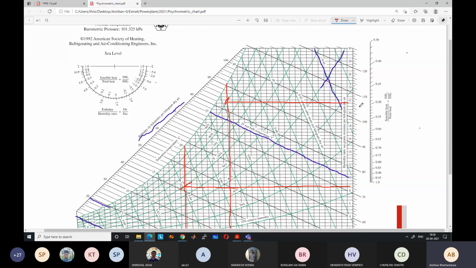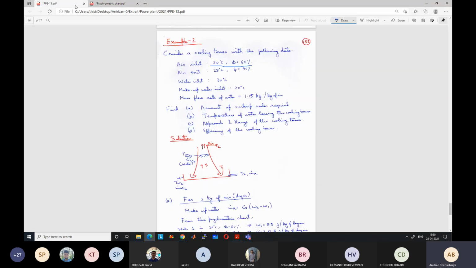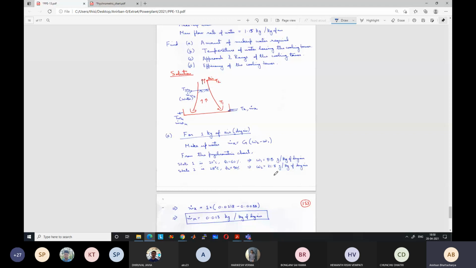It is slightly larger than 21.5 and less than 22. In my calculation, it was 21.8. Even if you take 21.5 or 22, it will be okay, but better to have it as accurate as possible. So omega 2 is 21.8.